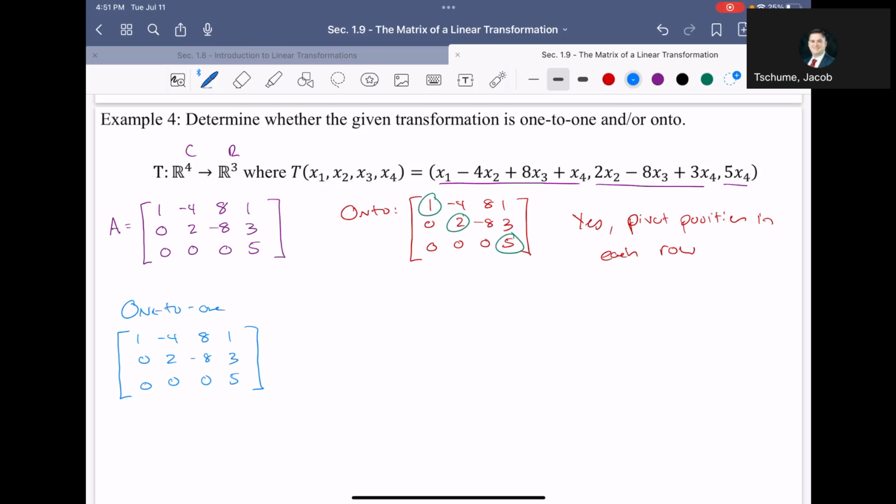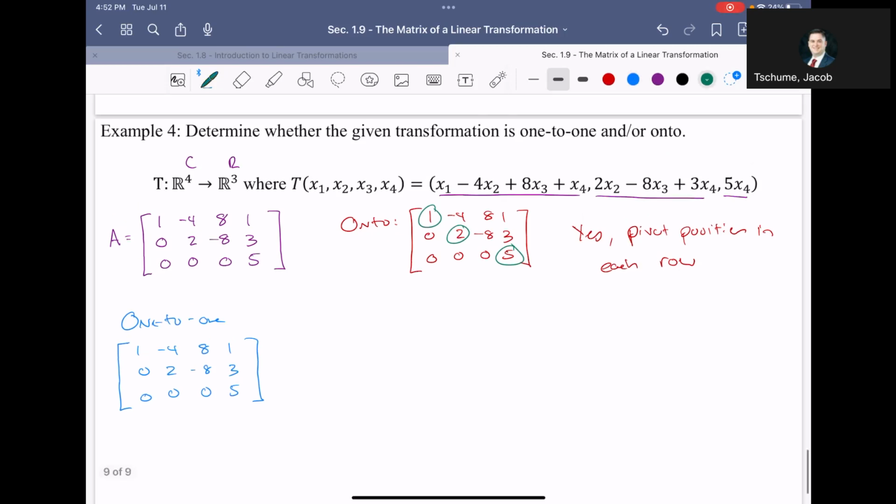You don't have to recognize it every time. What you could do is you could once again put the 0 vector on the end. All right. You could put it into reduced echelon form and figure out whether or not you have any free variables in this problem. What I'm going to do instead is I'm going to remind you about one of your shortcuts that might allow you to go a little quicker.